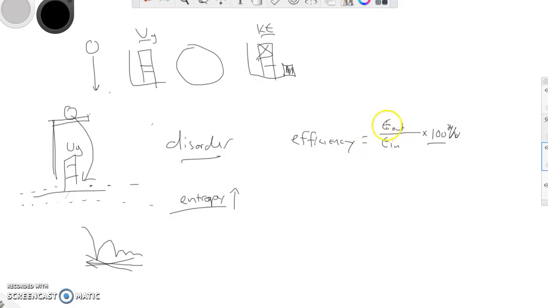And so we're always going to have efficiencies less than 100 because entropy is always going to be there, right? We're always going to have friction interfering with what we're trying to do. And so this is really the only calculation we're going to be doing as it involves entropy. But I want you to think more about entropy and what it means.